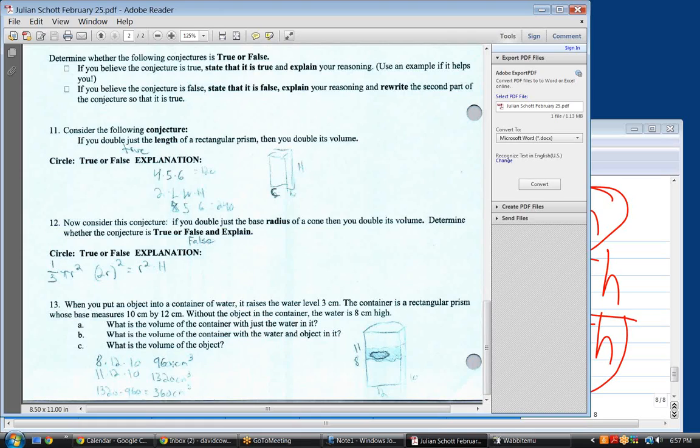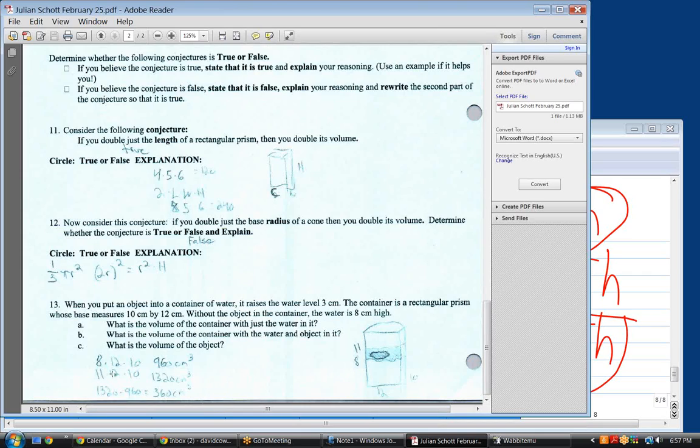And I think they want your answer 960, excuse me. That's what I think they want, but that's not really the correct answer, because they've asked the question incorrectly. Unless I'm misinterpreting it, but I don't see how you know the height of the container. What is the volume of the container with the water and the object in it?